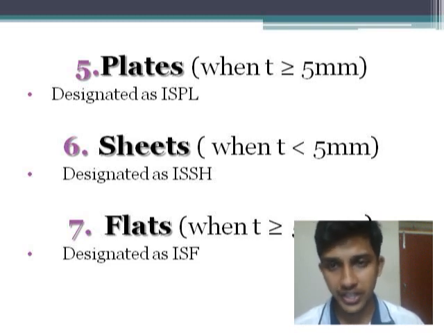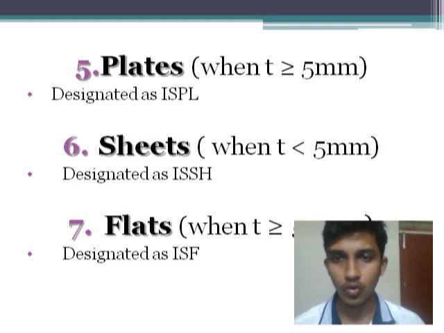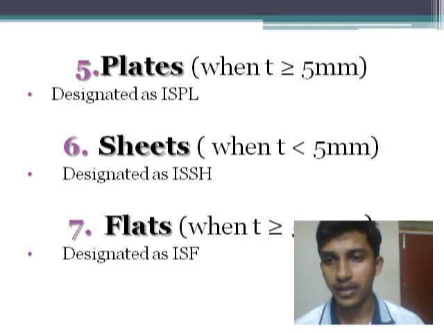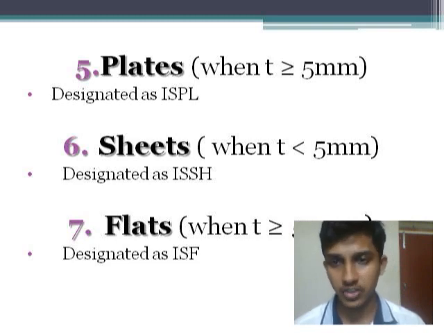Then we have sheets. If we require thickness less than 5 mm, then we go for sheets. It will have very little strength, so obviously it is used for carrying lesser loads, and it is designated as ISSH, which represents sheets. So these sheets have lesser strength than plates.